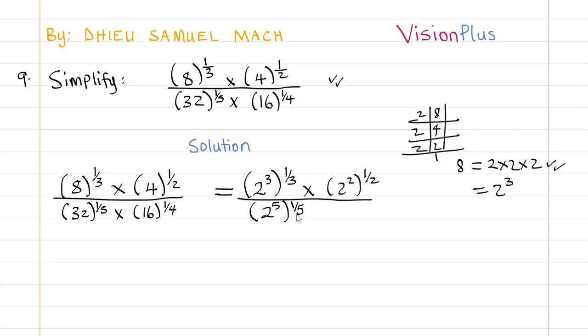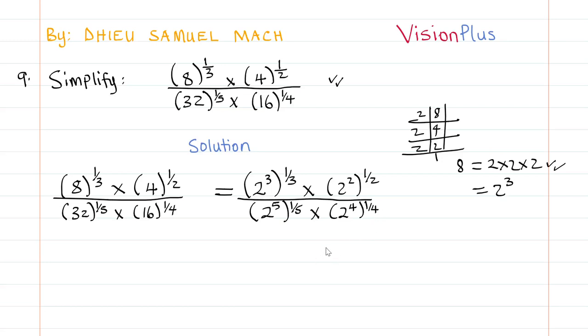Have a neat work, 1 out of 5. And then next is, what is 16 in terms of powers? 16 is the same as 2 to power 4. If you multiply 2 by itself 4 times, it gives you 16. And then the power is 1 out of 4.